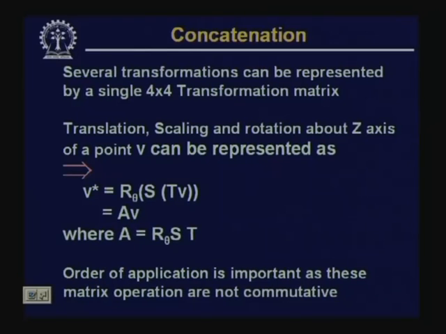All these three different transformation matrices, that is r theta, s and t, all of them being 4-dimensional matrices, can be combined into a single matrix. This single transformation matrix, in this case A, is nothing but the product of r theta, s and t, and this A again will be a matrix of dimension 4 by 4.